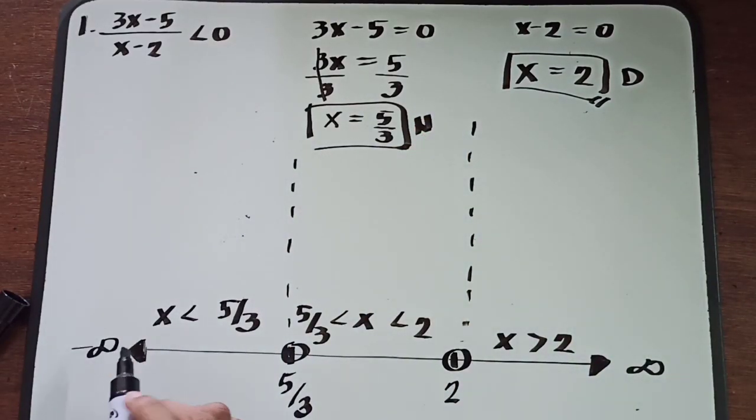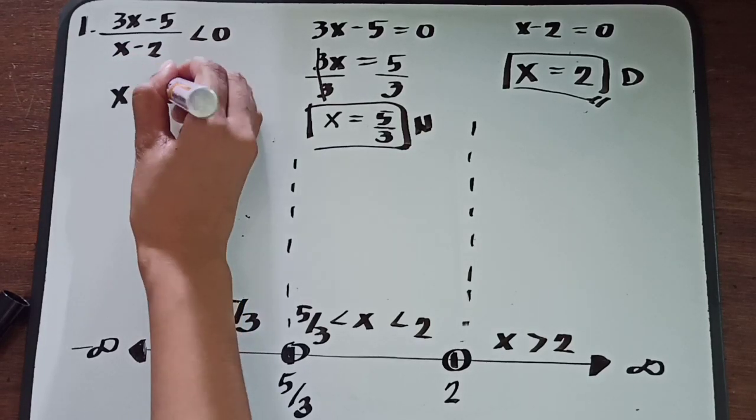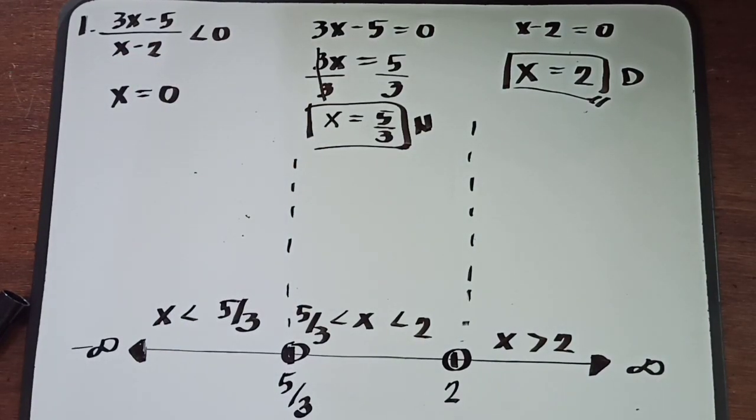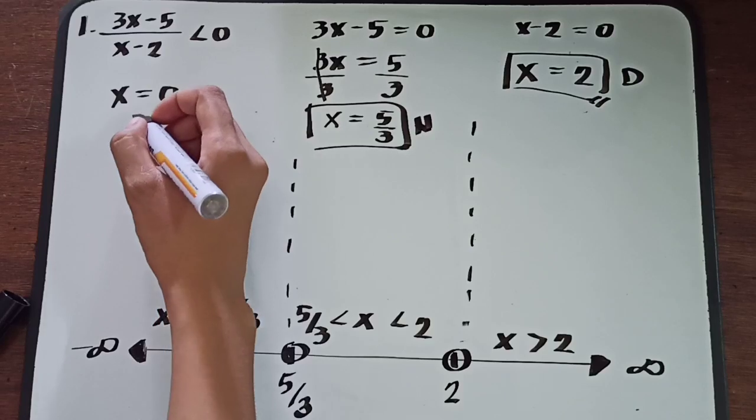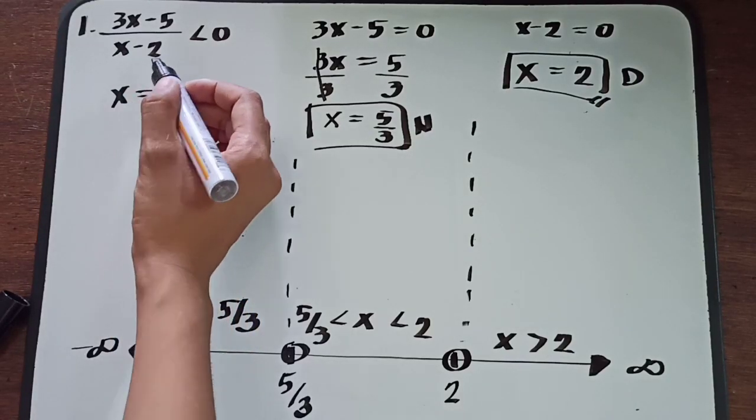Okay, so, ano yung number na less than 5/3? Ano yung number na nasa kaliwa ng 5/3? So, that is x is equal to 0. So, once na meron ka ng test value, substitute this value to the given inequality.